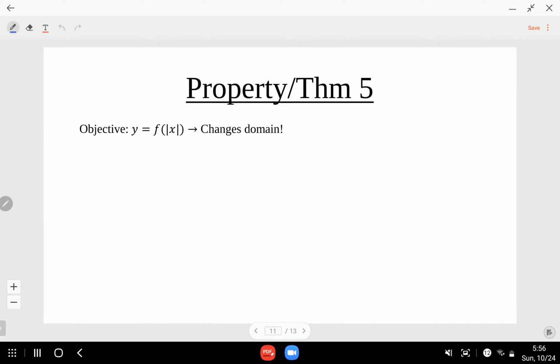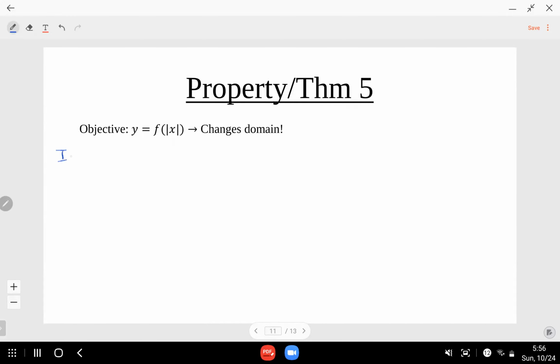Since we're running out of time here, I'm just gonna write the theorems without doing an example. You should understand this. If you have any questions, I'll do the example later.